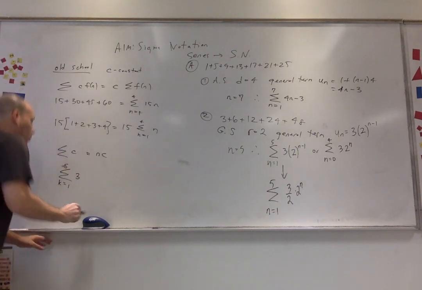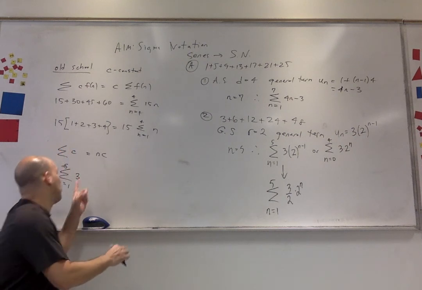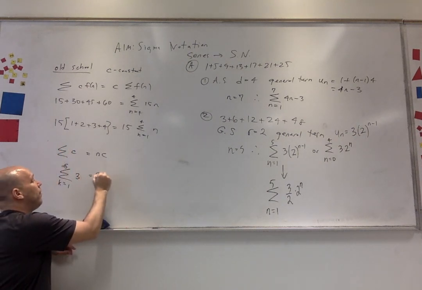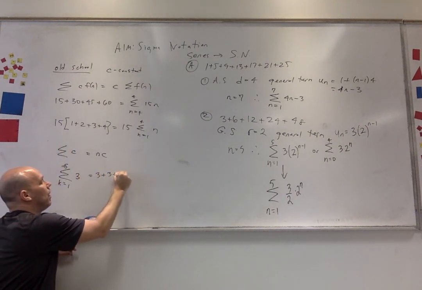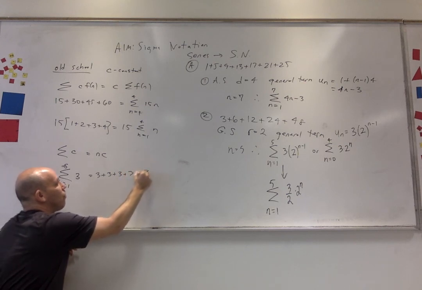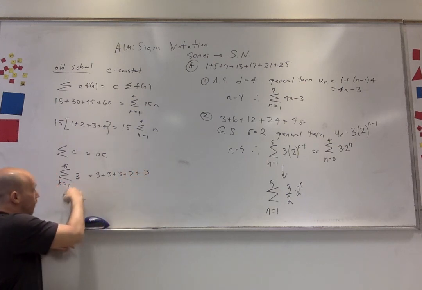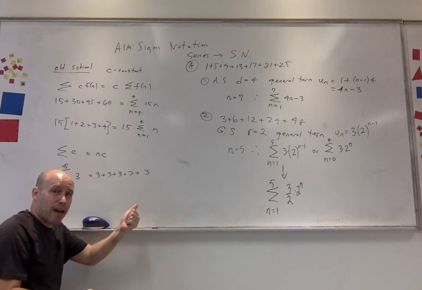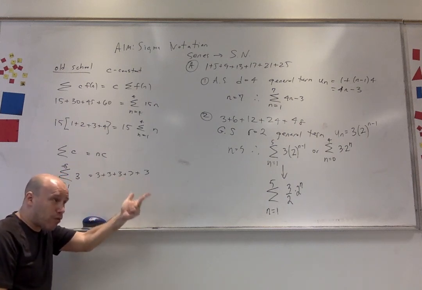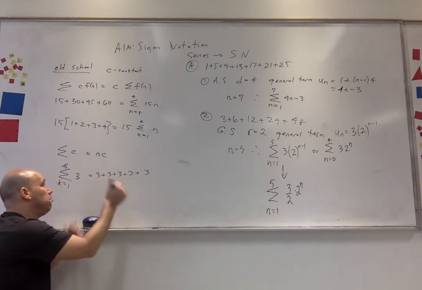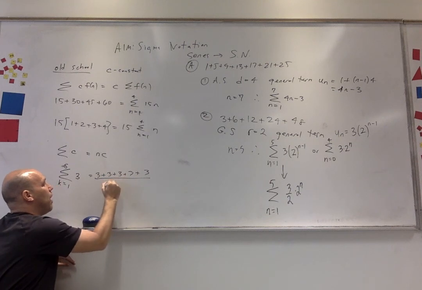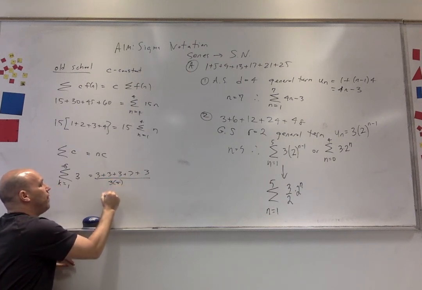All right? Well, technically there's nothing really here, so I'm just adding 3 five times. Right? Because it's a counter. What's the first term? 3. What's the second term? 3. Third, 3. Fourth, 3. So it's 3 times 5, which is 15.